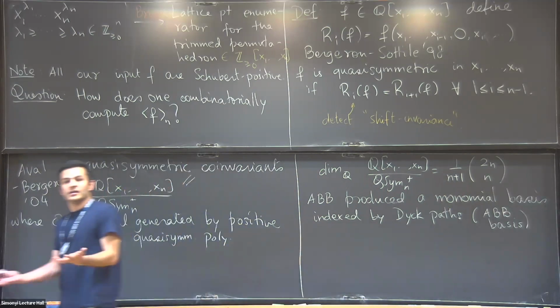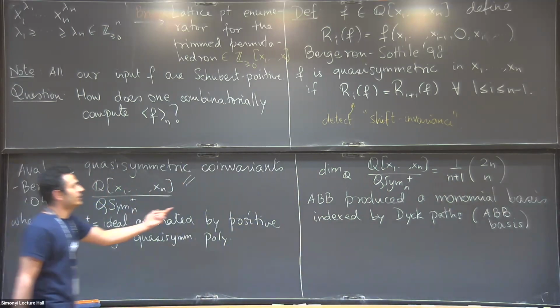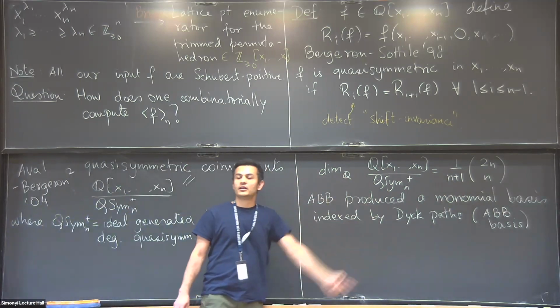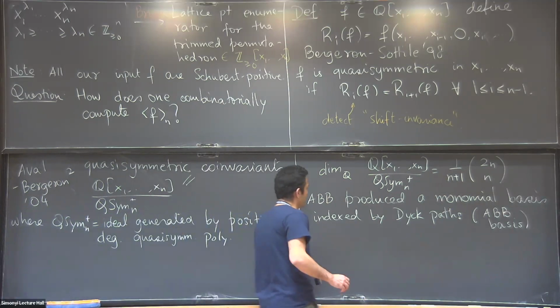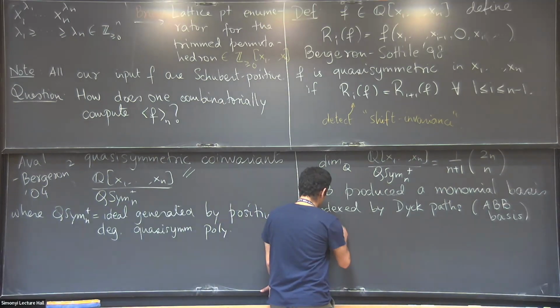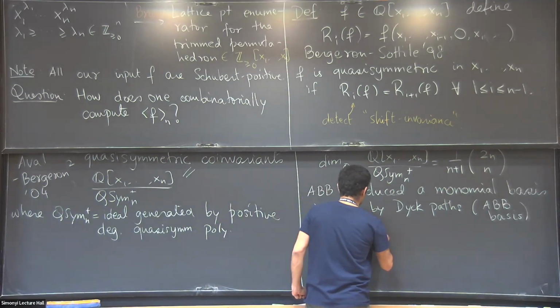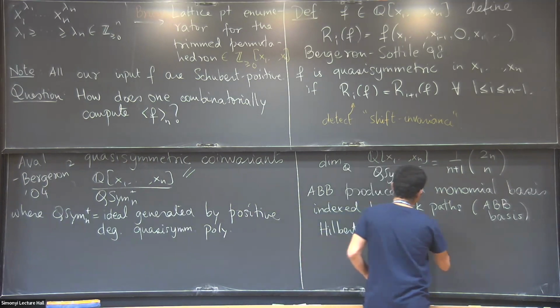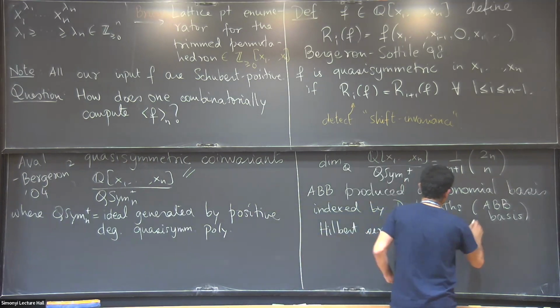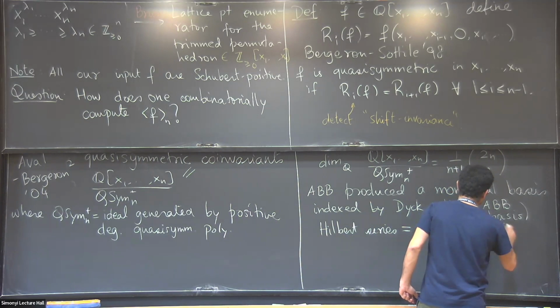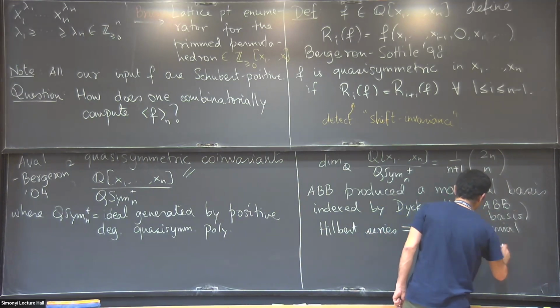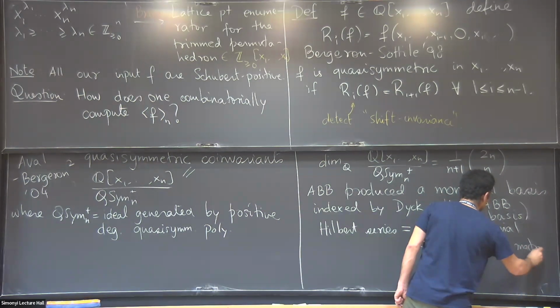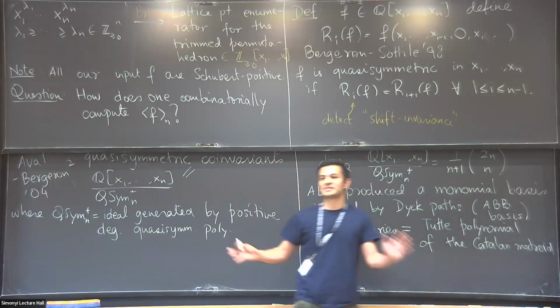And I sort of want to say, if you think about matroids, that the Hilbert series for this quotient is a specialization of the Tutte polynomial of the Catalan matroid. Okay, so if you know your lattice path matroids, the Hilbert series is the Tutte polynomial of the Catalan matroid where one of the variables is set to 1.